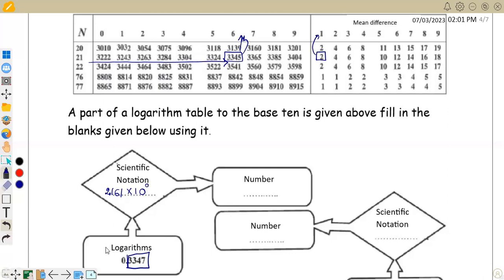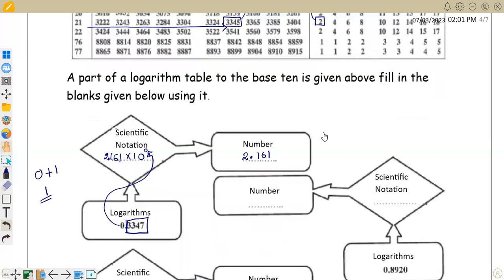Because here the characteristic is this one, now you can identify that the power in scientific notation is 0. That means it should be 2.101. Or you can identify the characteristic is 0, 0 plus 1 is 1. Then separate 1 digit for the whole number part. Okay, this is how we do this.